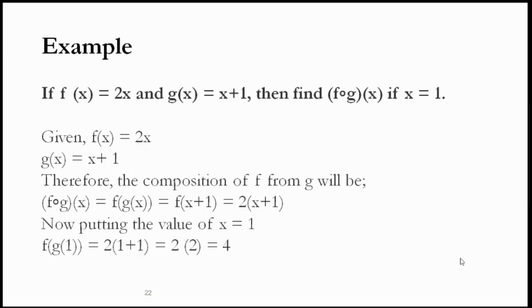Wherever the x is there in f of x, that is 2x, in place you place x plus 1. Now it will become 2x plus 2, right? Now putting the value x is equal to 1, f of g of 1 is equal to 2 into 1 plus 1. So you will get the value as 4. This is the same concept you used to do in mathematics.